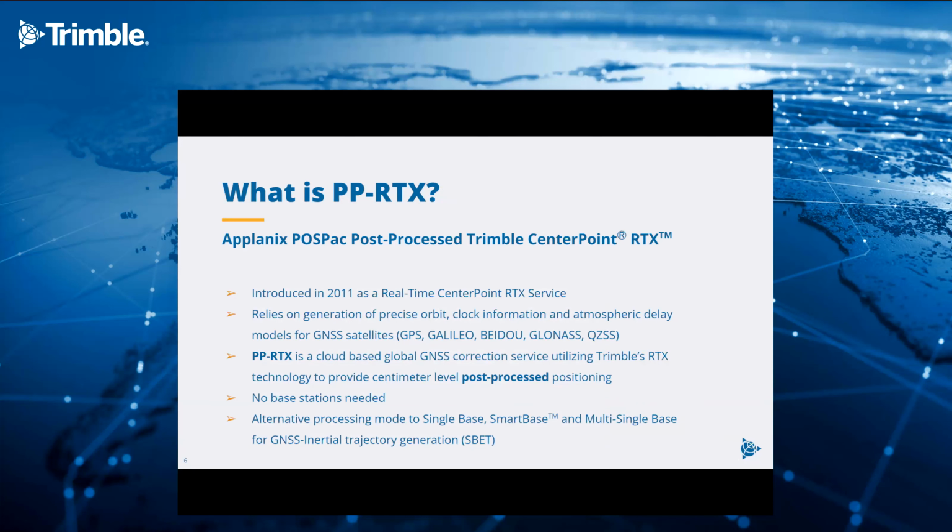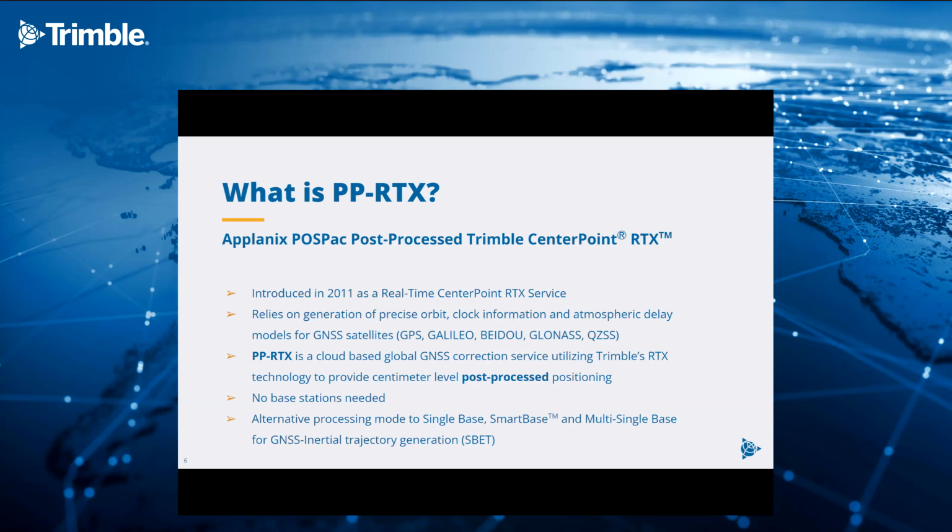Back in 2011, Trimble released the real-time CenterPoint RTX service, which relies on the generation of precise orbit and clock information and atmospheric delay models for the GNSS satellites. Basically all satellite navigation systems are supported here: GPS, Galileo, BeiDou, GLONASS, QZSS, SBAS.